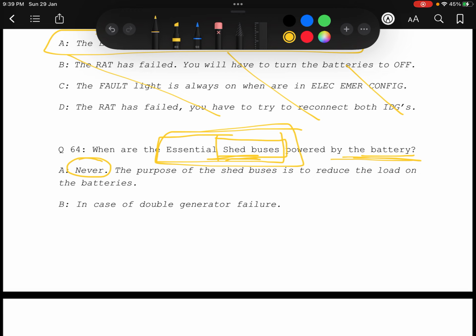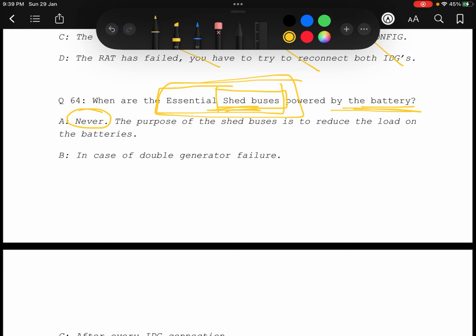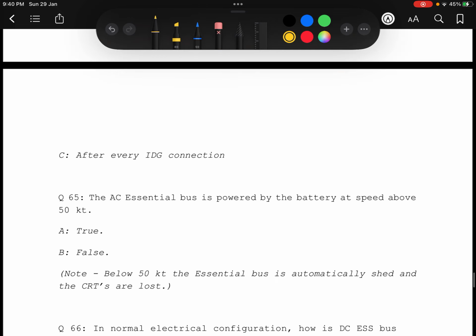If I'm not able to tell you, then please let me know in the comments. I'm not a good teacher at all, I know. You can frankly tell me that bro, it's not enough, you need to improve further. So option alpha is correct, that the purpose of shed buses is to reduce the load on the batteries.